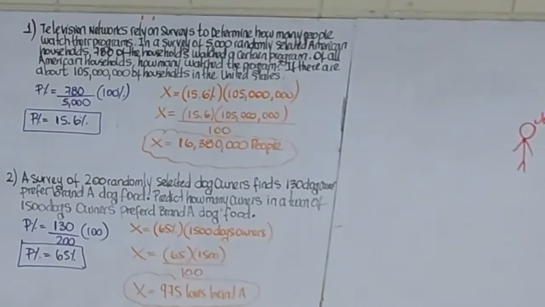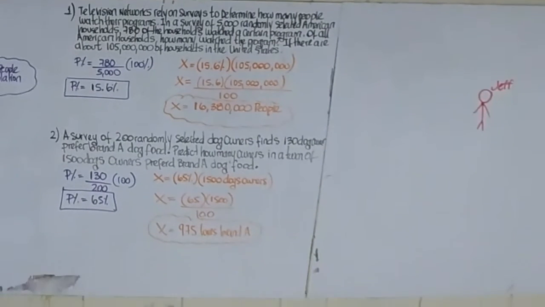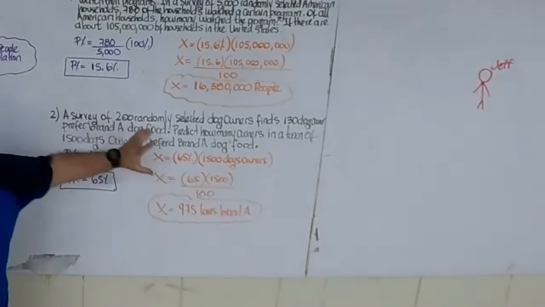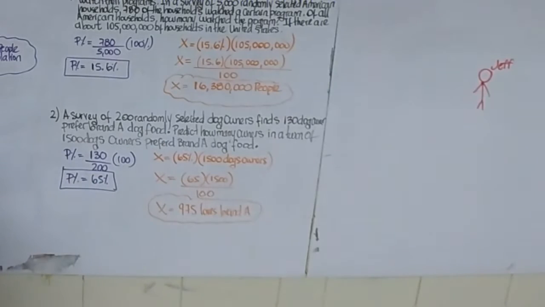In the same problem, if I asked how many dog owners hate brand A, what are we going to do? Same problem, but this time people hate brand A. What will be the P%?